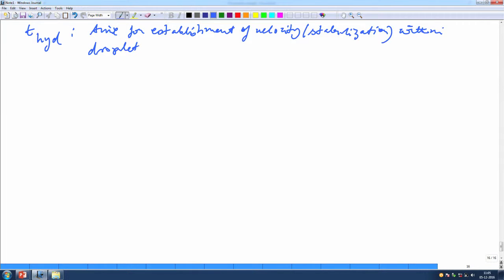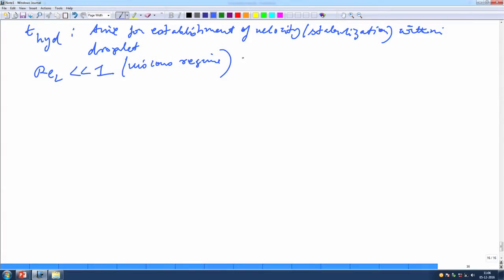Now, that is given by, when the Reynolds number of the liquid phase is very, very low, much less than 1, basically the entire droplet is viscous. Okay. Let's take a droplet of honey, or a glycerol droplet, whose viscosity is very high, and that will give rise to the velocity inside the droplet being very low. So, in that particular case, your t_hydrodynamic basically scales as Rs square divided by nu_L, which is the kinematic viscosity.